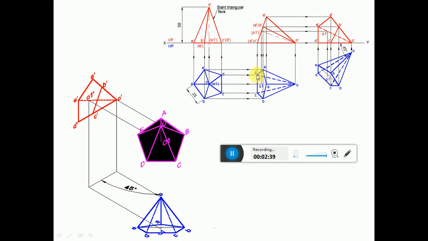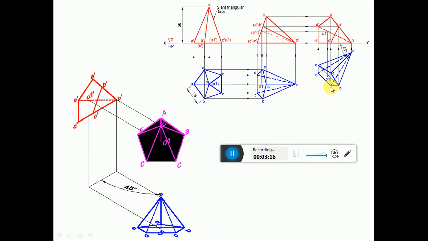Then, since this line is perpendicular to the O1 extended line, using the protractor you measure an angle of 90 degrees with respect to the O1 extended line, and then you measure the length using the compass from this point to C and also from this point to D. Both will have similar distances. So from here you cut an arc on this side to get the point D, and from this side you cut an arc on this side to get the point C.